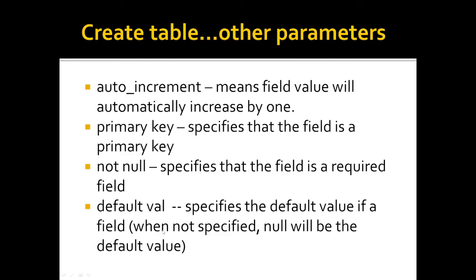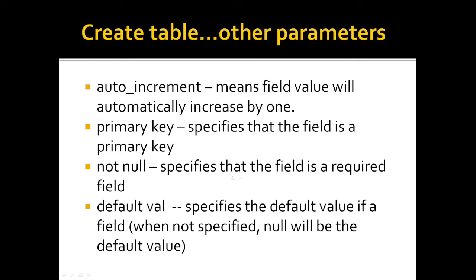And here are some other parameters that we can use in creating tables. We have auto increment, which means the field value will automatically increase by 1. It is usually used for a primary key that uses an integer value. A primary key specifies that the field is a unique key that is used in identifying a record.